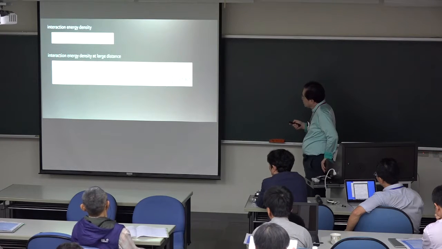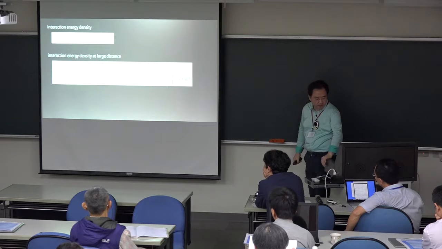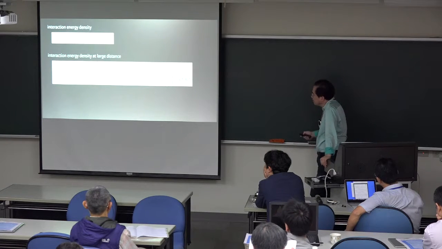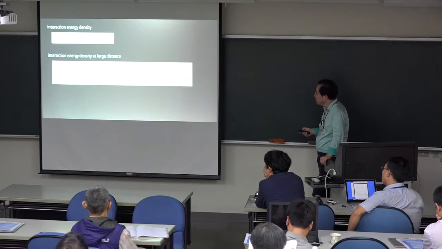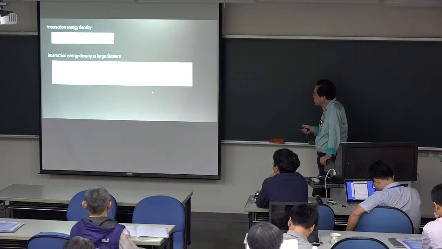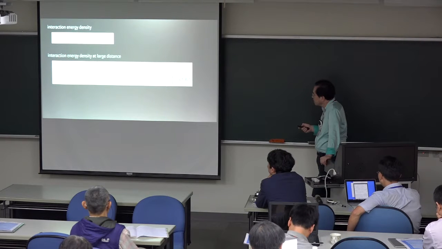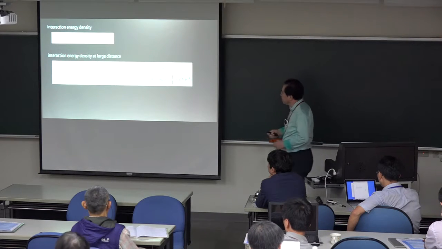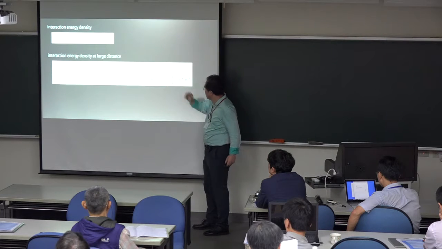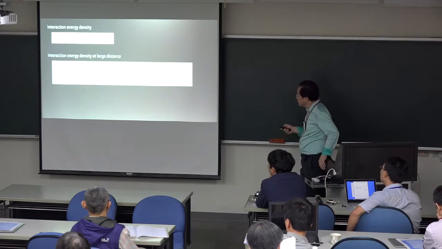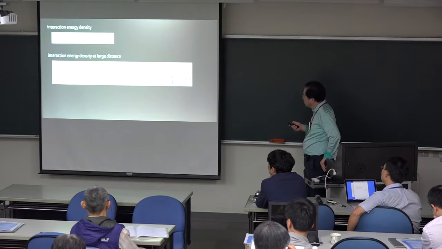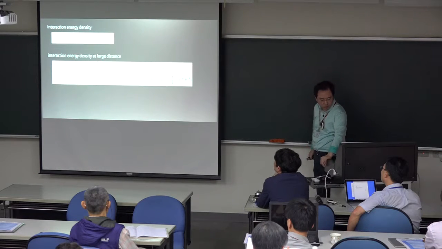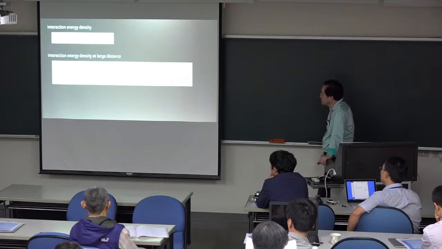If the total coefficient becomes negative, it means attractive, and if this total coefficient becomes positive, this means repulsive. However, if you take the long distance limit, the sign of the coefficients is important, but the scale determines the attractiveness or the repulsiveness.